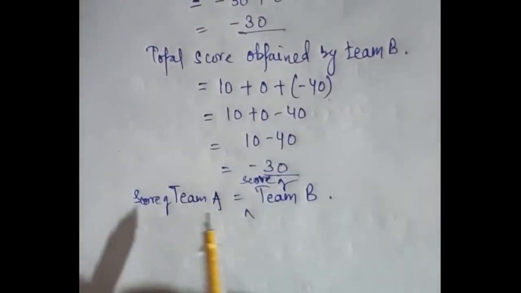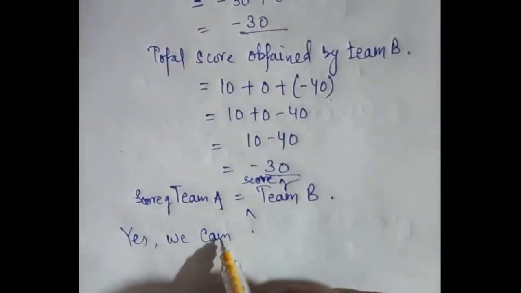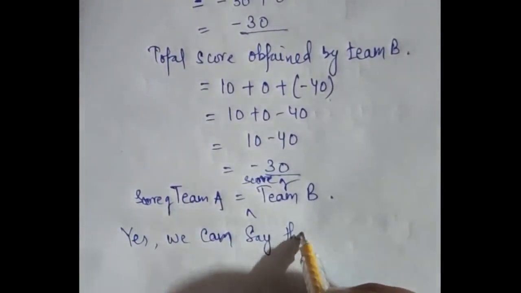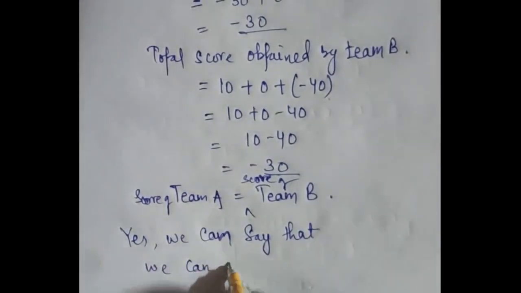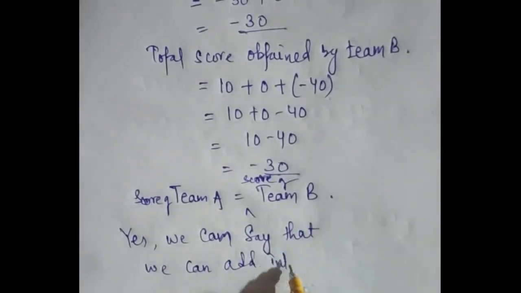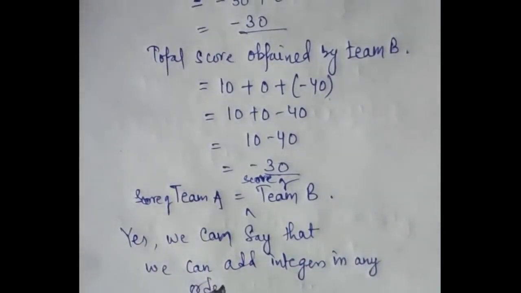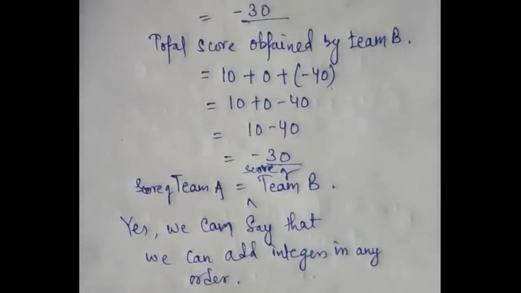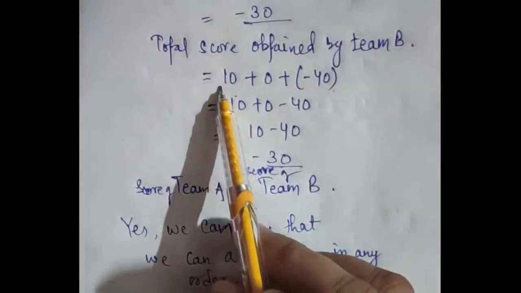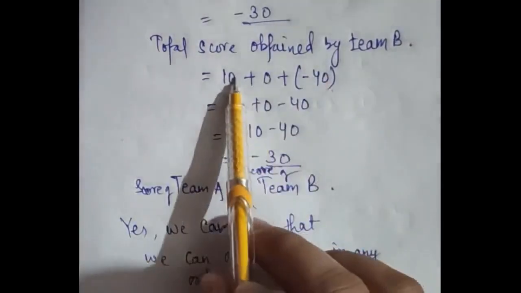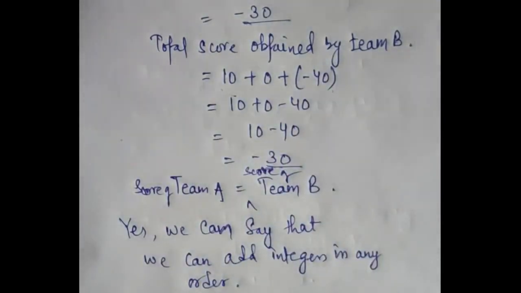Yes, we can say that we can add integers in any order. It follows the associative law as well as commutative. Associative because the numbers are in a group, the members are many. Okay, I hope you understood this question.